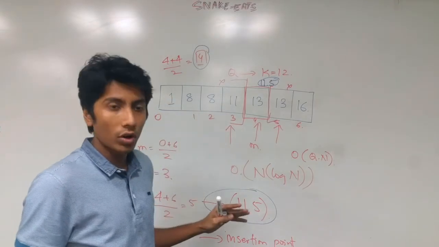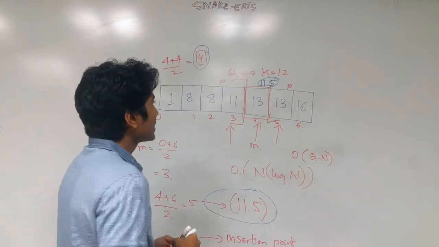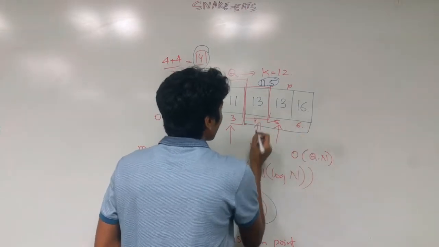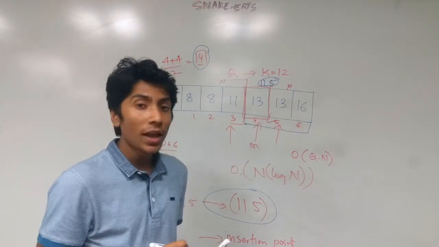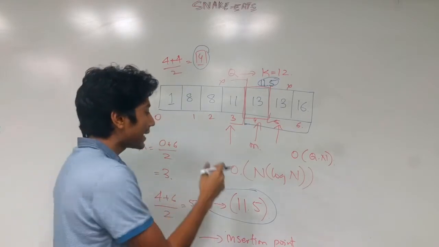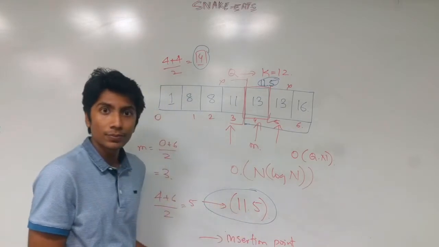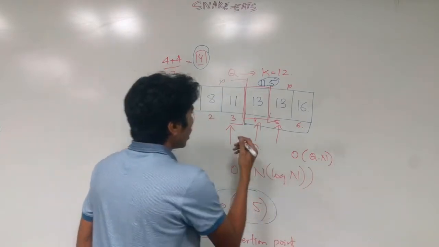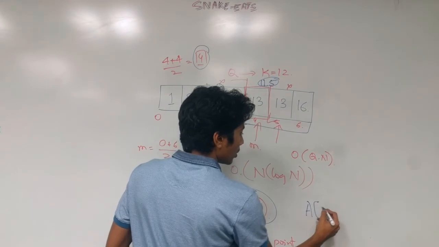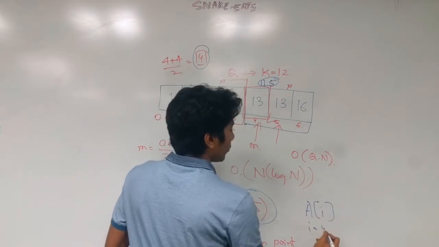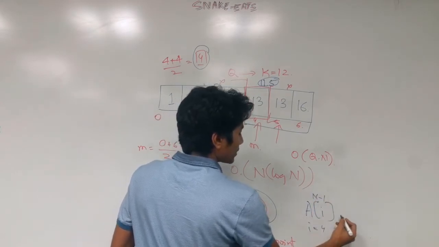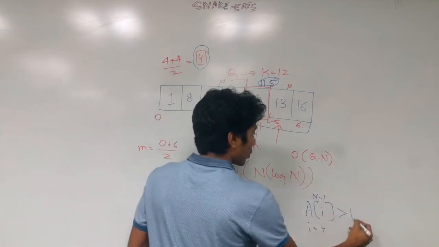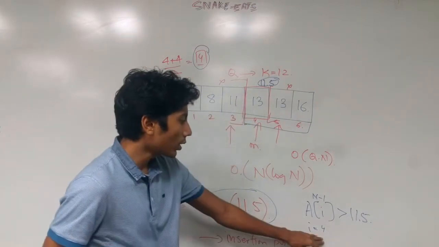Because your insertion point is 4, every element from 4 onwards should be ignored. Why? Because every element from 4 onwards is strictly greater than 11.5. So every element where i goes from 4 to n is greater than 11.5.